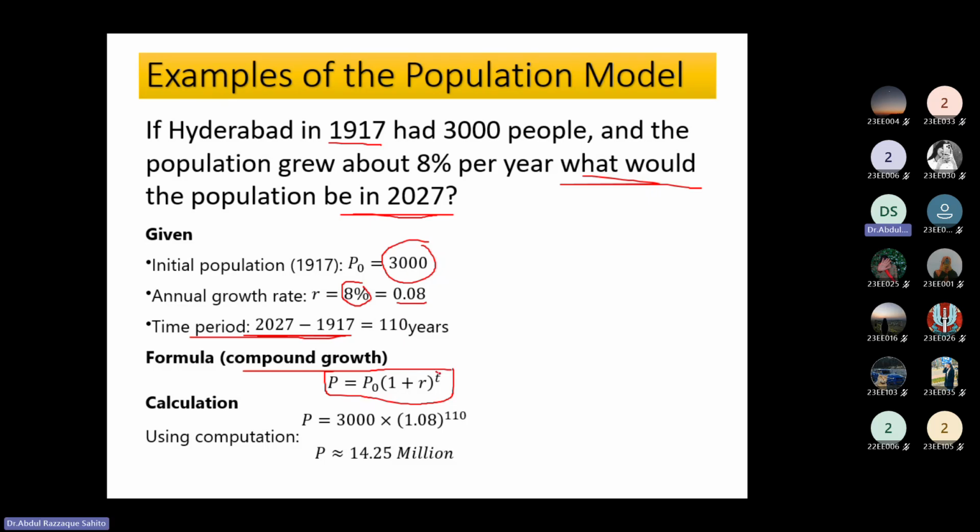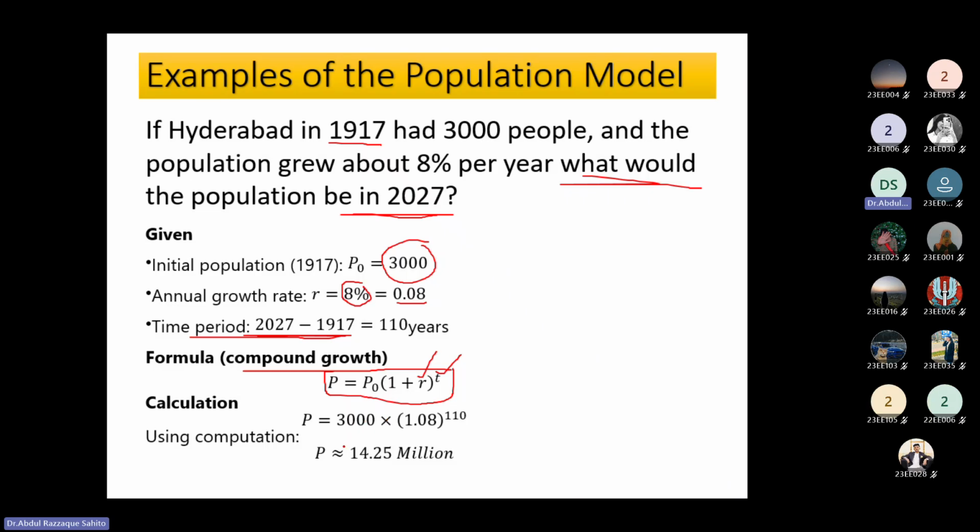The growth rate is 0.08 and it will be plus, so it becomes 1.08 to the power 110, multiplied by 3,000. We get a very large number: the total population is 14.25 million people. Mind it, here we have used a plus sign in the same model.